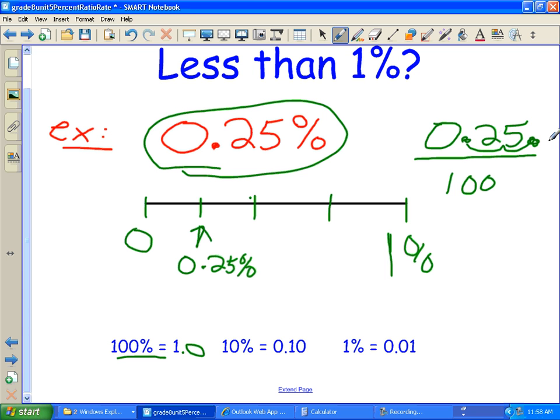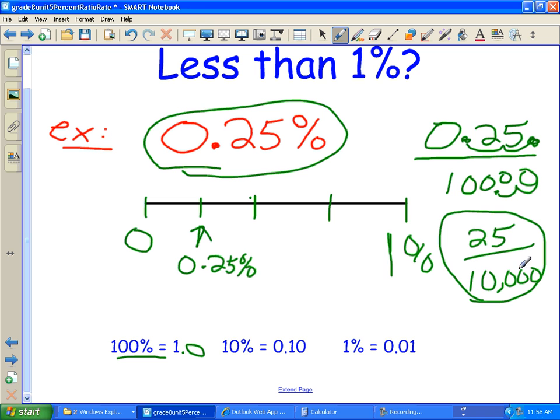In other words, timesing the top by 100, and then if you times the bottom by 100, you will take this decimal that's at the end and shift it 2 places, which means you'll have to put 2 zeros on the end. So now you'll have 25 over 10,000ths. And that can be easily changed into a decimal, and I'll show you that when I show you the place value on the next example.